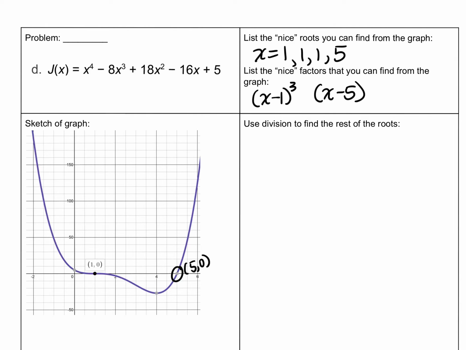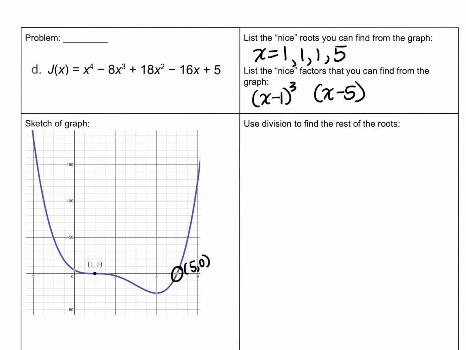It could have a higher powered odd root, but we're going to start with 3 and then look at the fact that this other root that shows up on our graph, when combined with the 3 here, gives us a total of 4 roots. And we know that the degree of this polynomial is 4.